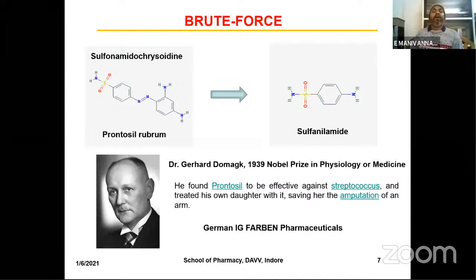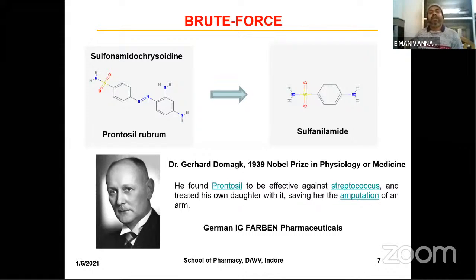And from there, the prontosil rubrum drug was forwarded into clinical trial that yielded sulfanilamide. So this is the brute force technique, largely used for randomly screening a large number of compounds until the 1970s.